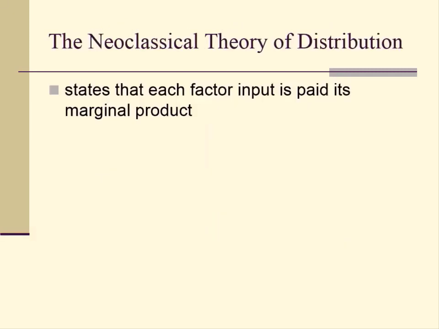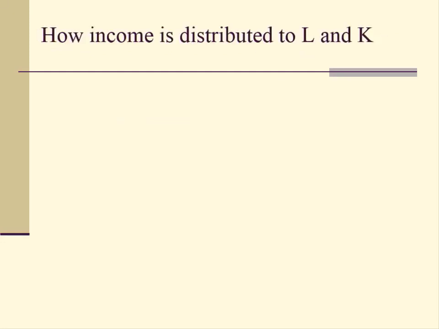The neoclassical theory of distribution states that each factor input is paid its marginal product. That is, W over P equals MPL and R over P equals MPK, as we just saw. And it is a good starting point for thinking about income distribution. So how is income distributed to labor and capital?